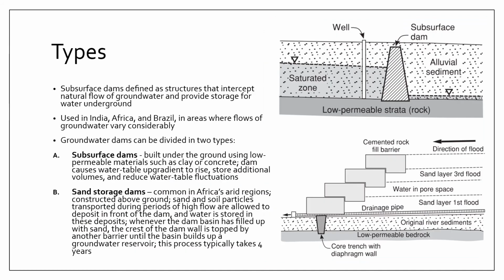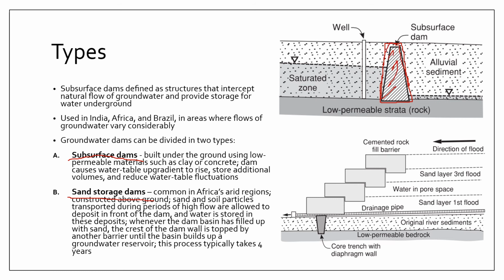Now, there are two main types of subsurface dams. You have your subsurface dams and you also have your sand storage dams. Now, your subsurface dams are essentially an impermeable structure constructed in the underground.